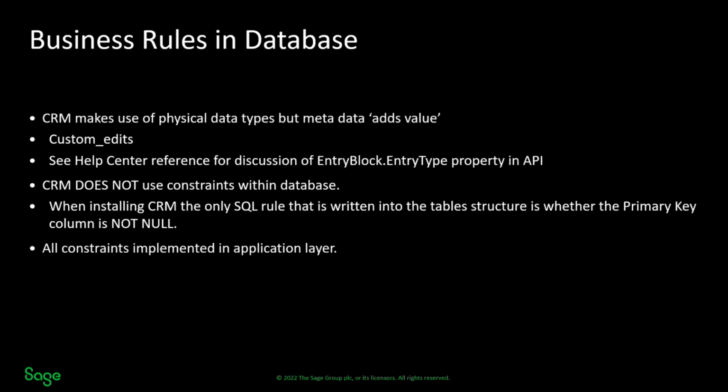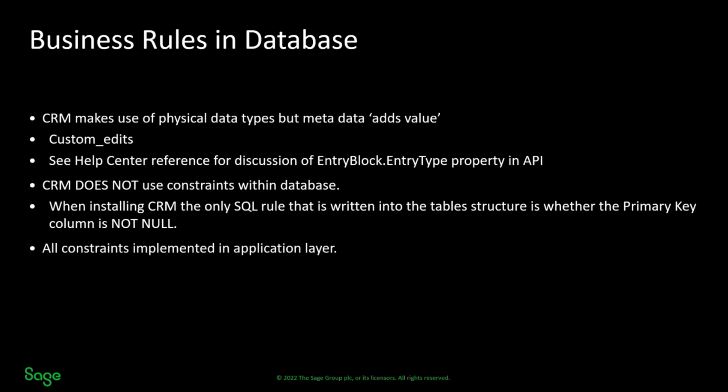So the idea of Sage CRM's interface is to add value all the way through. And the definitions of fields, we're going to see in a moment, are stored within a table called the custom edits table. And we'll be looking at all of the types that are available to us in a little bit. But if you want to look into the help guide, you'll see that it's called the entry block.entry type in the documentation.